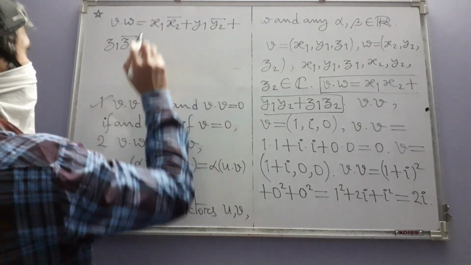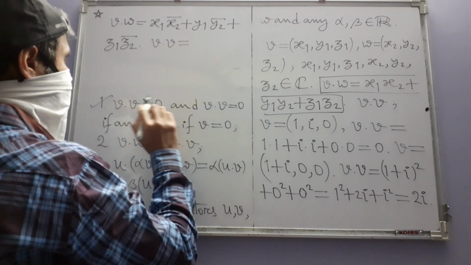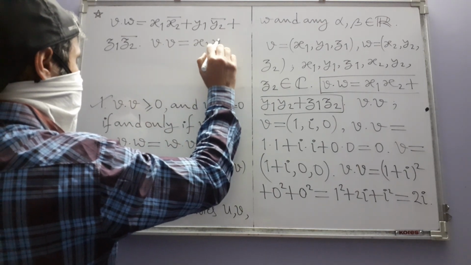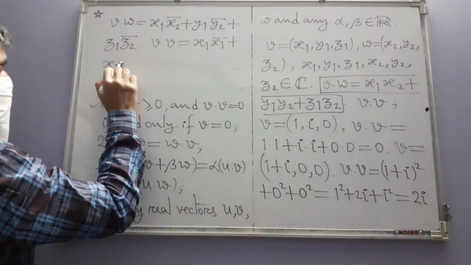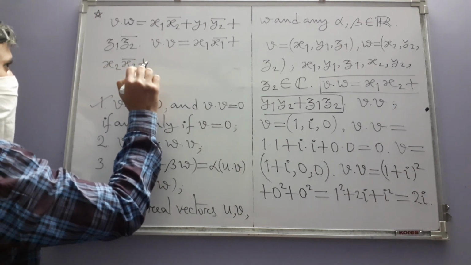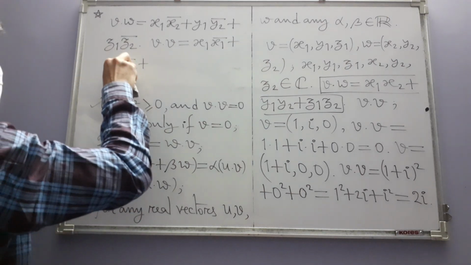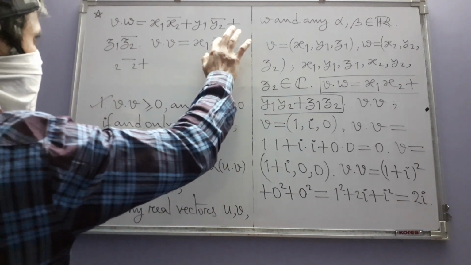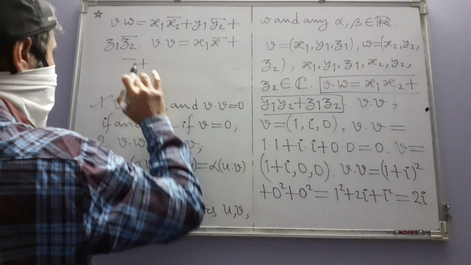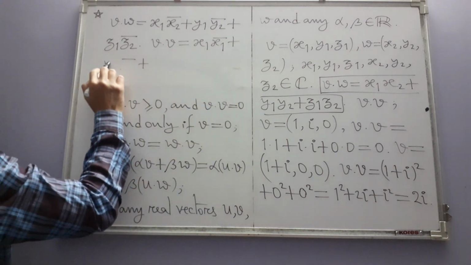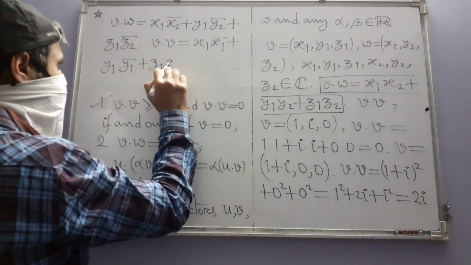If I calculate V dot V, say, then I get x1 x1 bar plus y1 y1 bar plus z1 z1 bar. Not x2, it is y1, there is no 2.